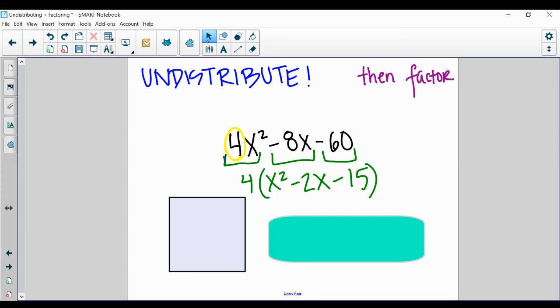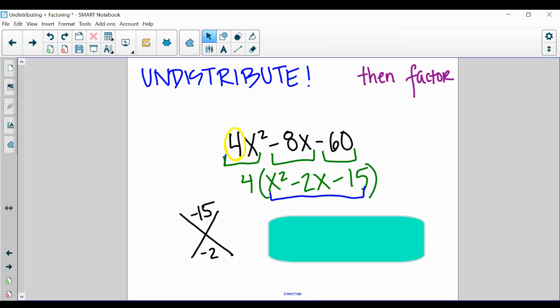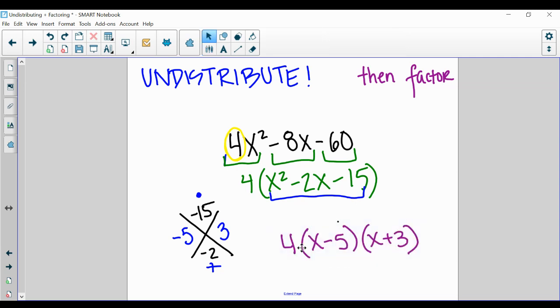I'm then going to use this trinomial to build my magic diamond. I'm thinking, what is going to multiply to negative 15 and add to negative 2? That's going to be negative 5 and positive 3. So my factored form becomes 4 parentheses x minus 5, x plus 3, keeping in mind this 4 is still part of our factor.